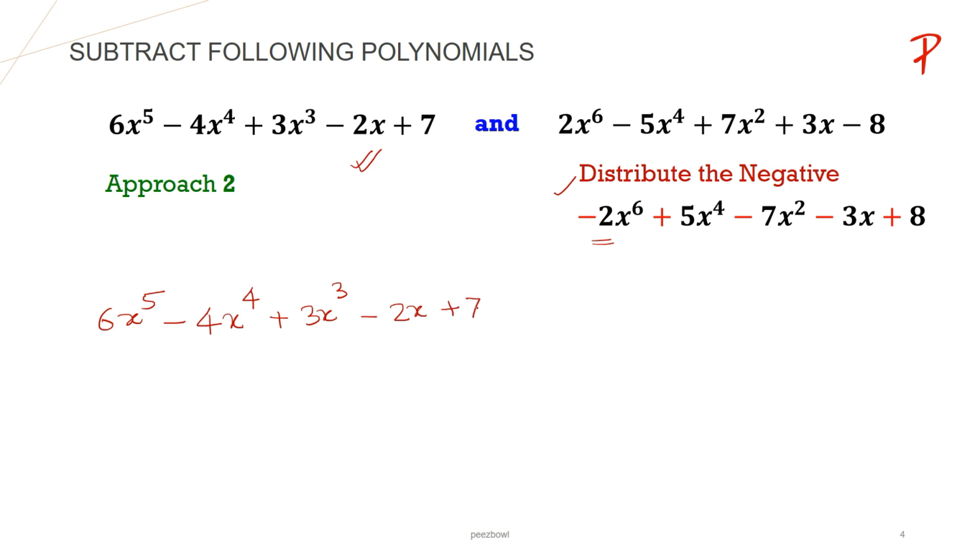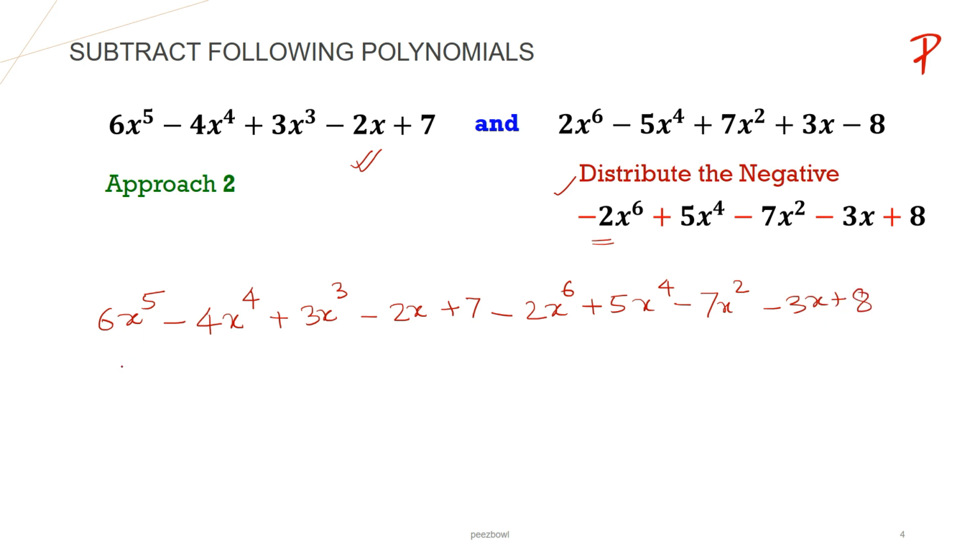So what we are doing here, we are simply writing the first polynomial, and for the second polynomial we are writing it after distributing the negative. So here we have minus 2x to the power 6 plus 5x to the power 4 minus 7x square minus 3x and plus 8. Okay.